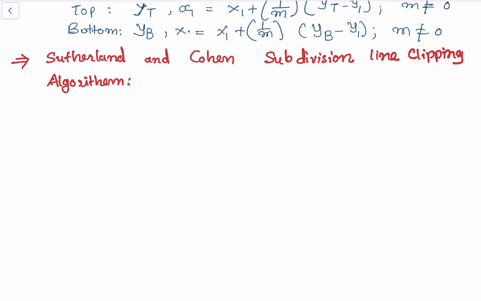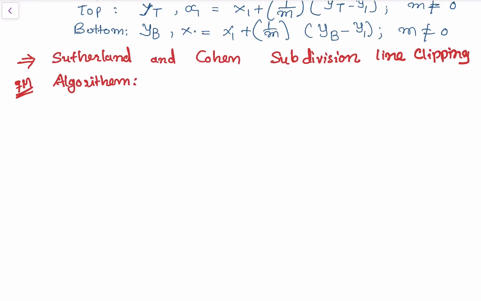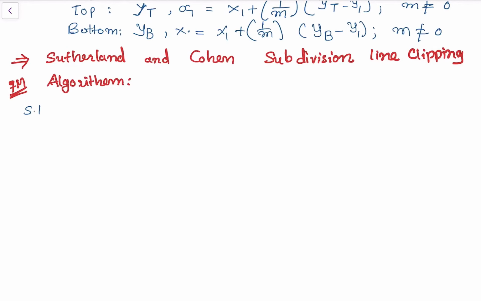This algorithm is most important for the GTU exam. It will be asked in 7 marks. So this is most important. Now what are the steps of the algorithm?